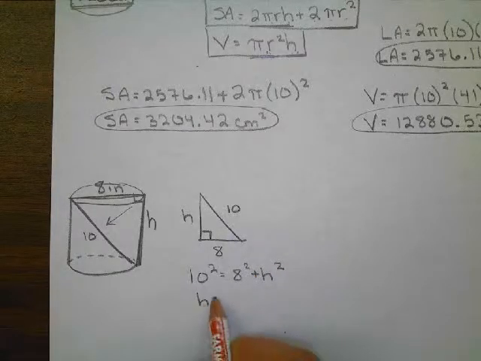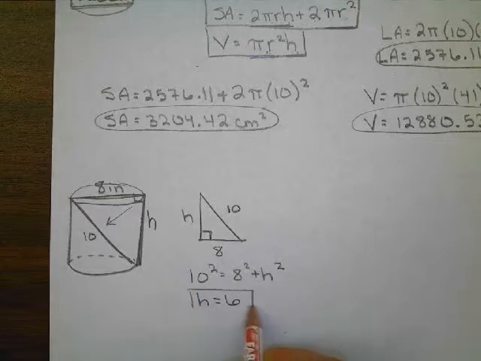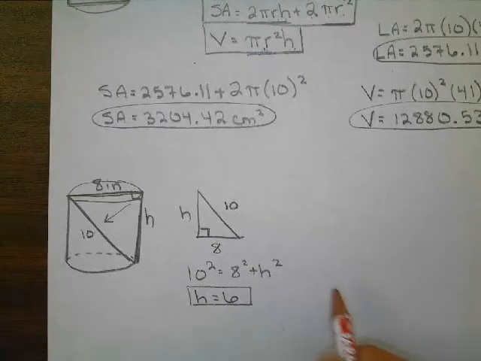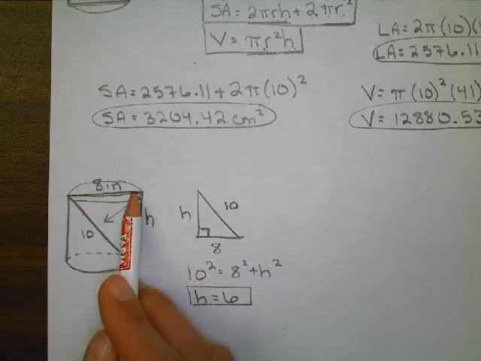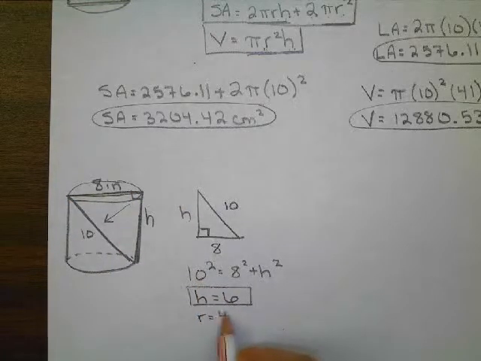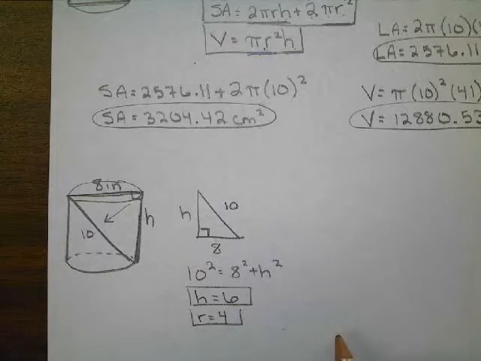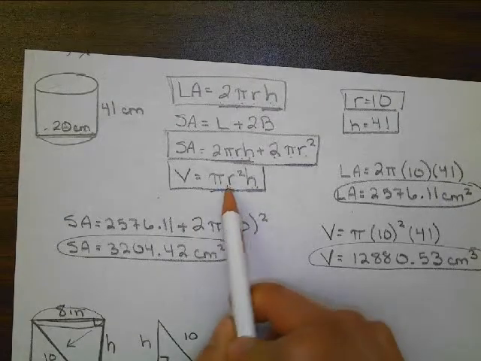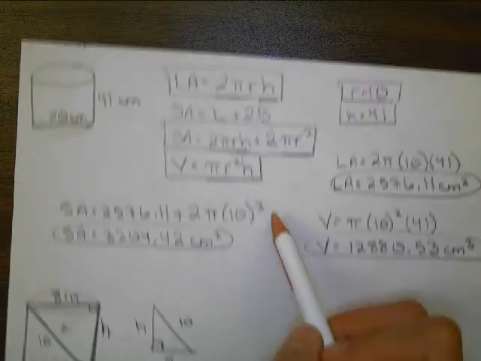If you do all that math, you end up getting h is 6. My radius, remember, is always half the diameter. If our diameter is 8, then the radius has to be 4. And now I have everything I need for my formulas again. I only need radius and height for these formulas.